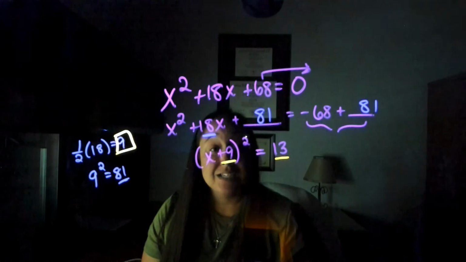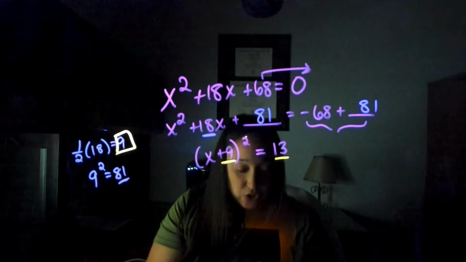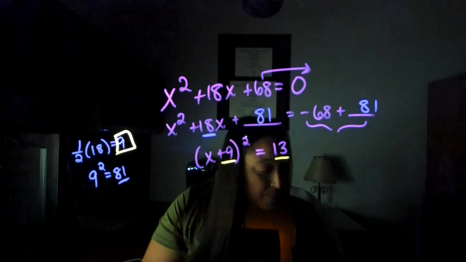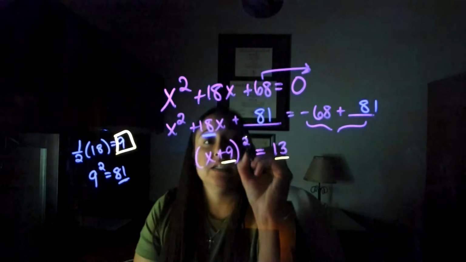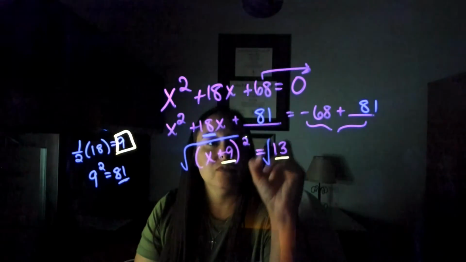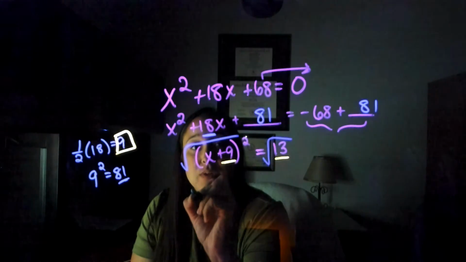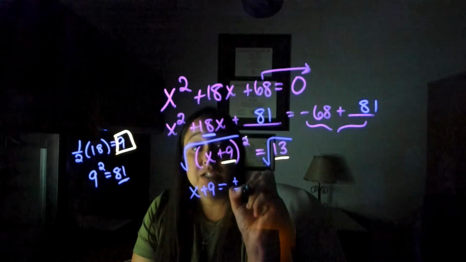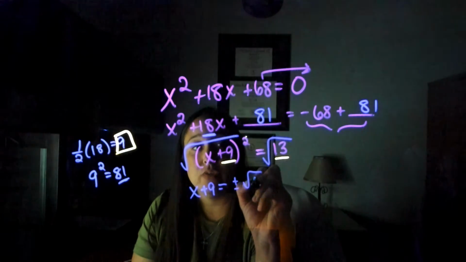But then it says to solve it. So then I have to go a bit further and actually solve this thing. So to solve this, what I would do is get rid of that square by taking the square root of both sides. And that would leave me with x plus 9 is equal to a positive and negative square root of 13.